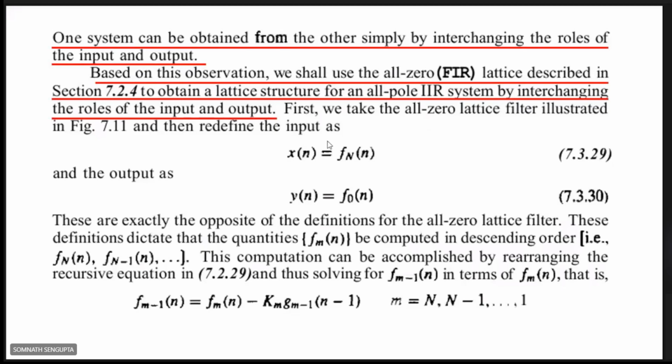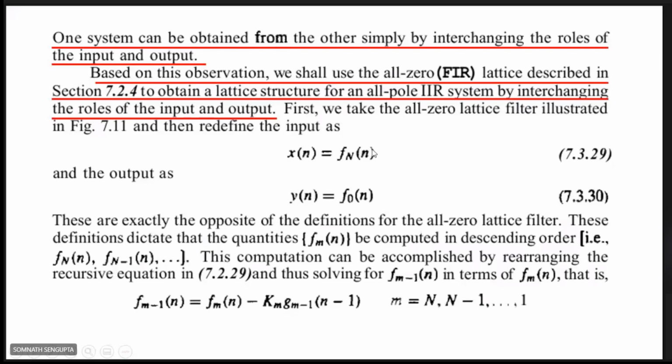So now let us define the input x(n) equal to one function f_N(n), and the final output y(n) equal to f_0(n). Earlier in the FIR system we assumed that x(n) is equal to f_0(n), that is the first function, initial function.